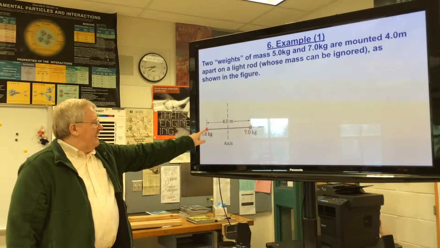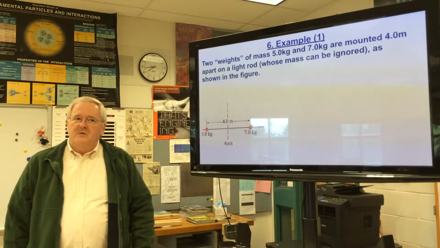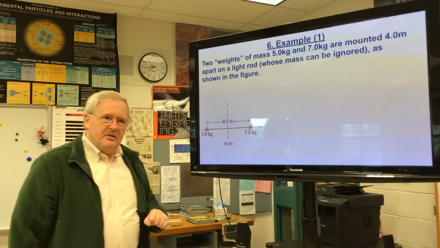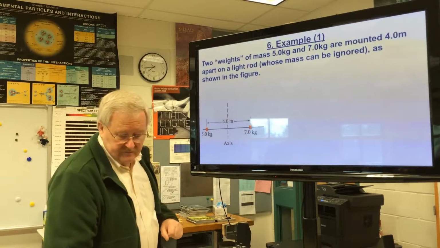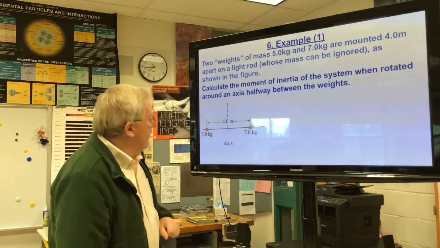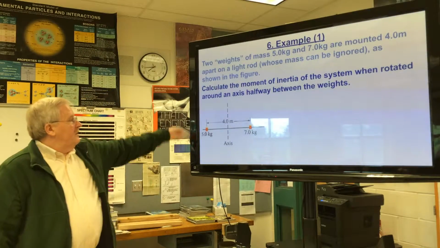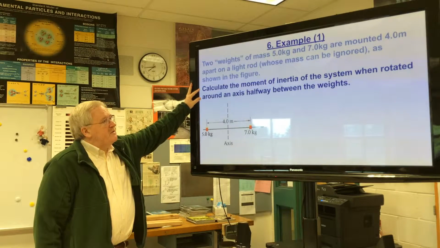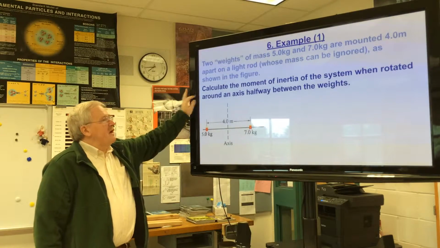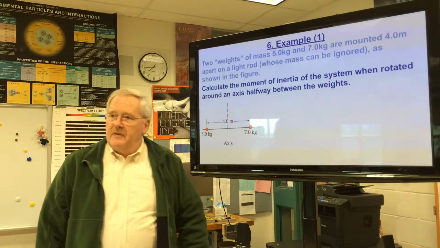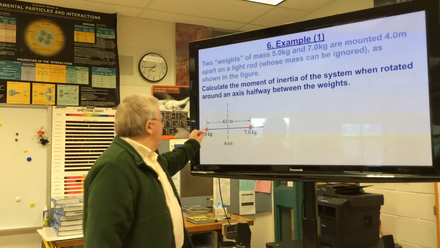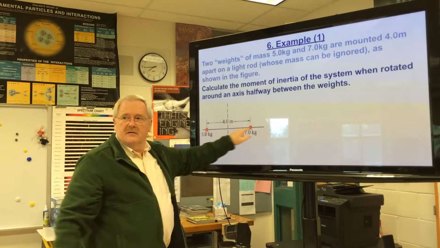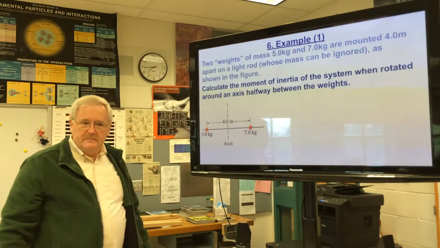And we're assuming they're connected by some sort of rod which has a negligible mass, that is, it doesn't come into the calculations here. We're asked to calculate the moment of inertia of the system when rotated around an axis halfway between the weights. It's a very simple system because we're assuming these are point masses, but they're extended because they're on this rod.